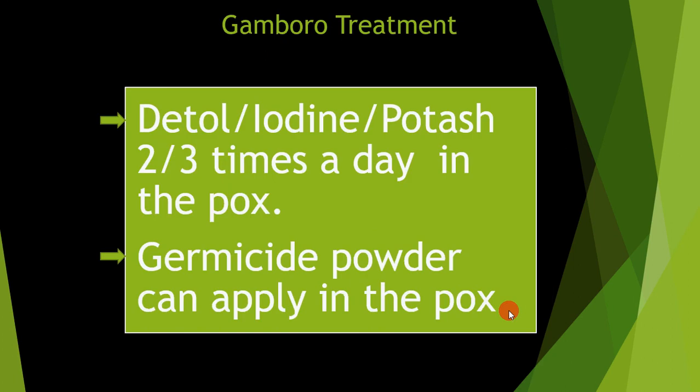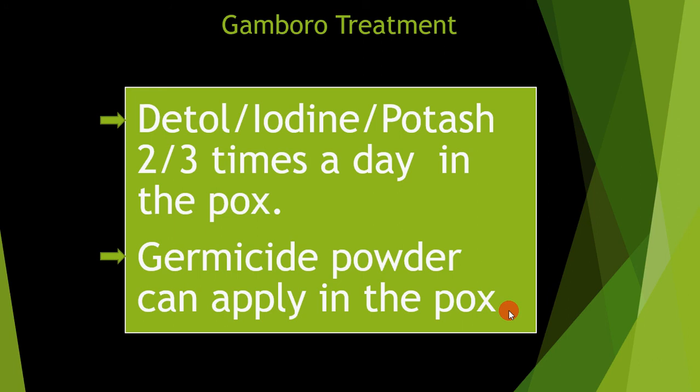Now the treatment. You can apply some medicine or germicide, such as Dettol, iodine or potash. 2 to 3 times a day you can wash the fowl pox on the head, neck and legs.